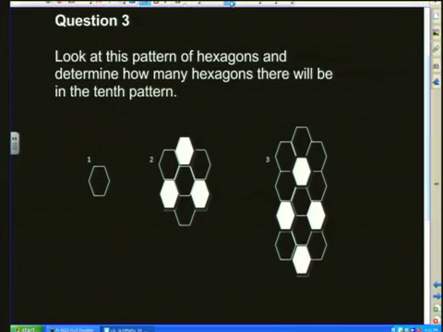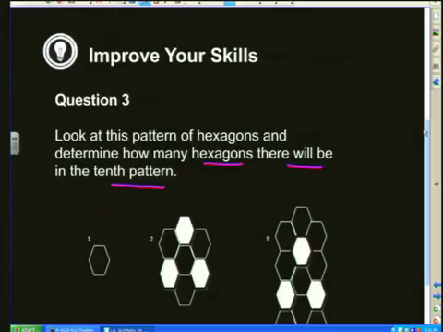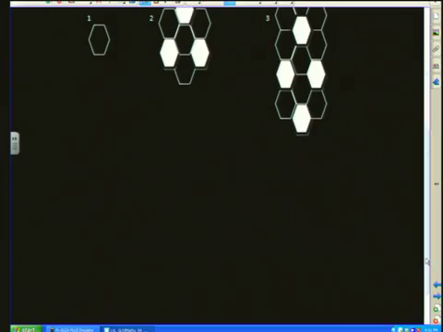Here we're looking at a pattern of hexagons, and they're asking us to determine how many hexagons there will be in the 10th pattern. The first thing we need to do is determine whether it is an arithmetic sequence, because we don't know anything about it yet. In my first pattern I've just got one hexagon.